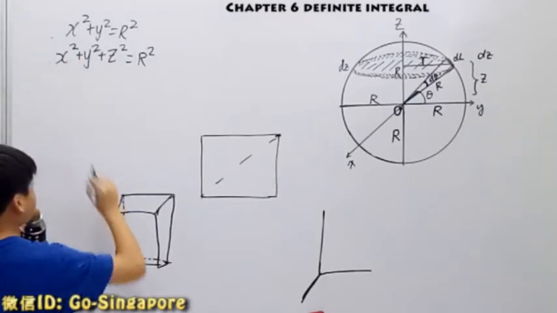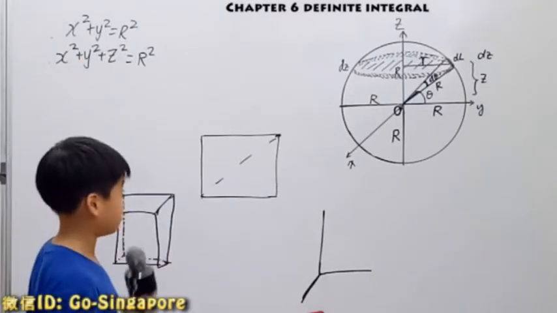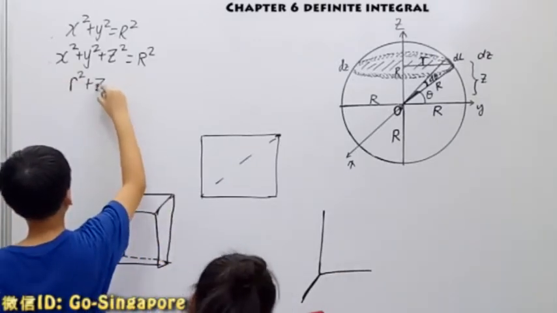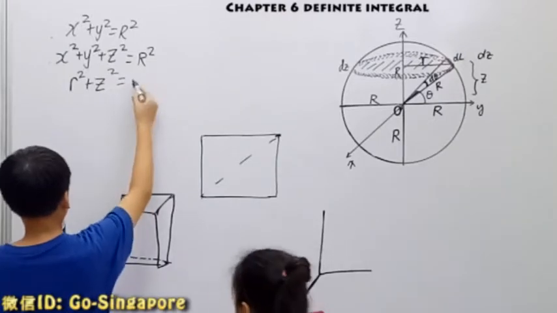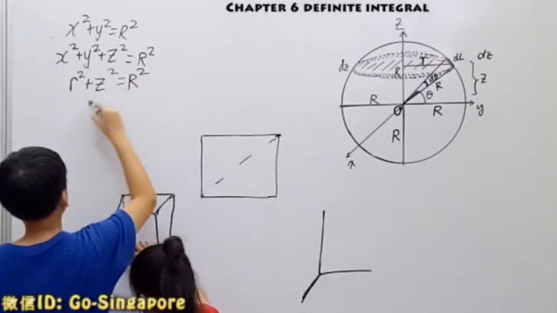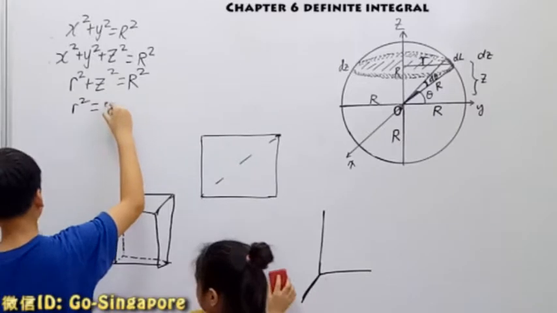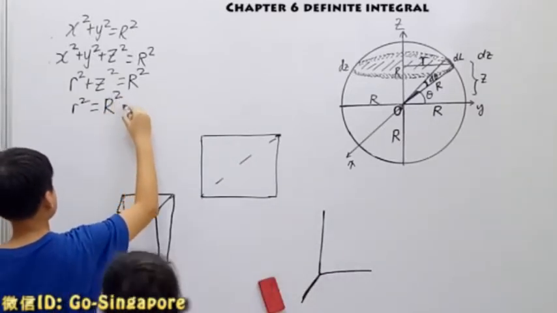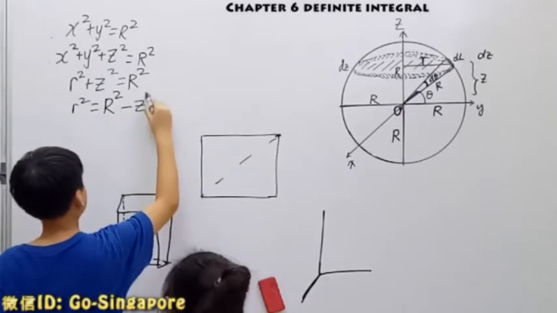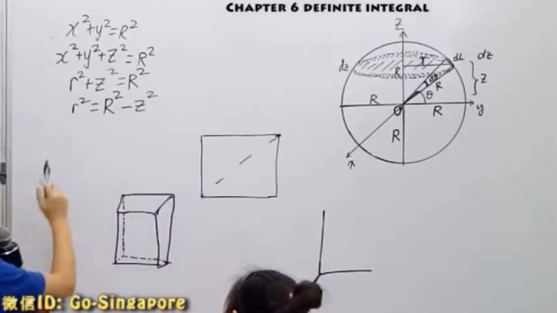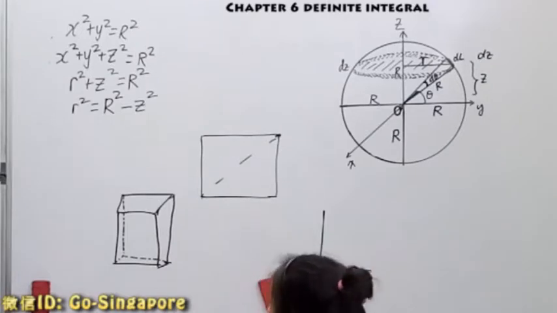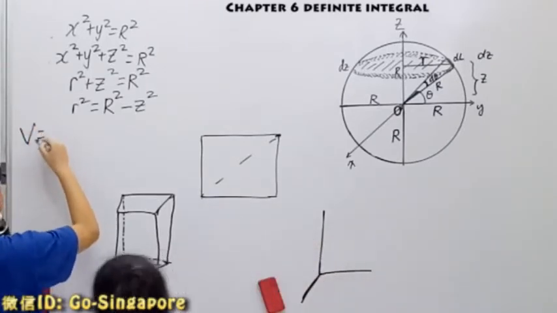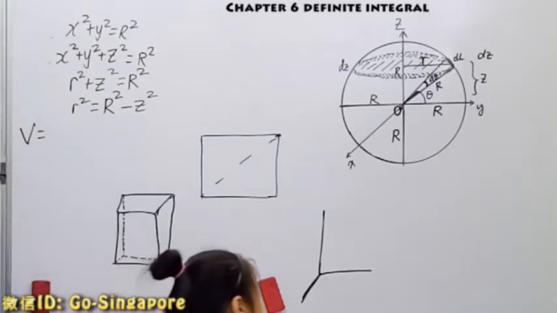So x squared plus y squared, what is it actually? It's R squared, which is R squared minus Z squared. Right now, using this, we can calculate that volume.